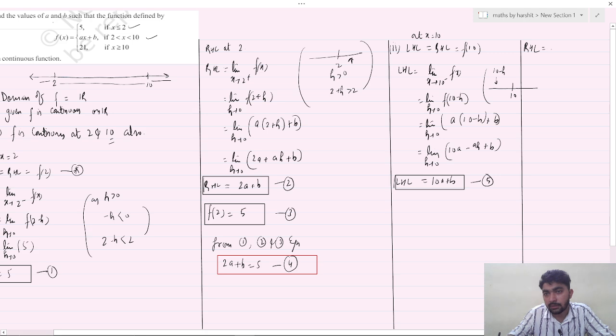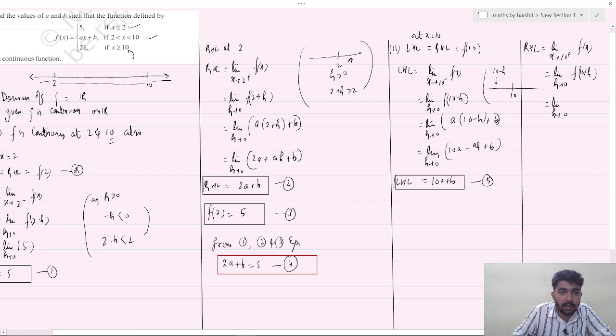RHL is limit x tends to 10 positive f of x, that is limit h tends to 0 f of 10 plus h. f of 10 plus h will lie on the right side of 10, so its value is exactly 21. So 21 is your RHL.